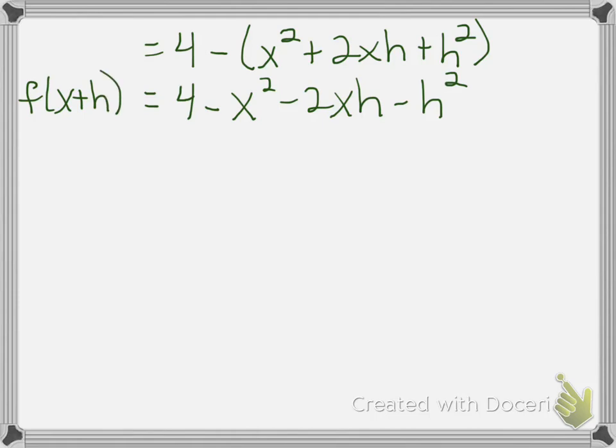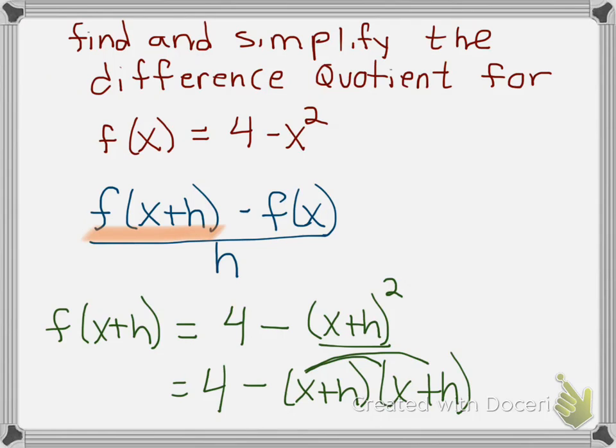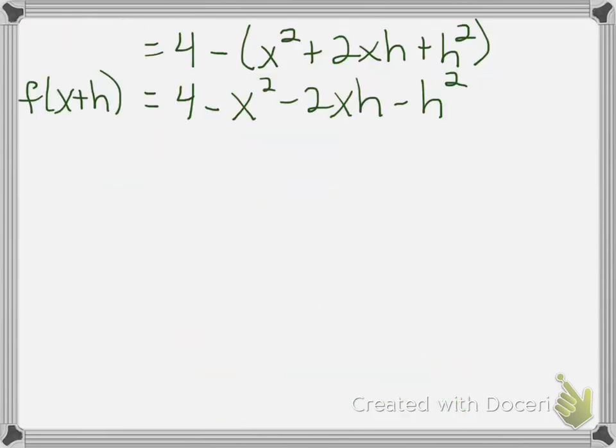Now going back, looking at your formula, we now have to finish off the numerator. I have the f of x plus h minus f of x. So let's see if we can calculate that here. So this will turn into 4 minus x squared minus 2xh minus h squared.